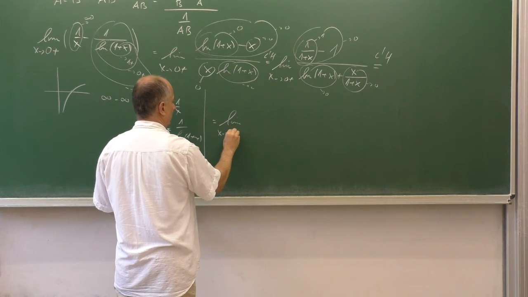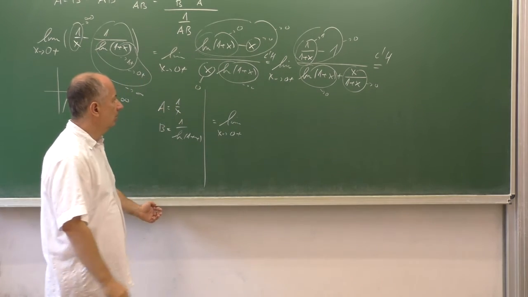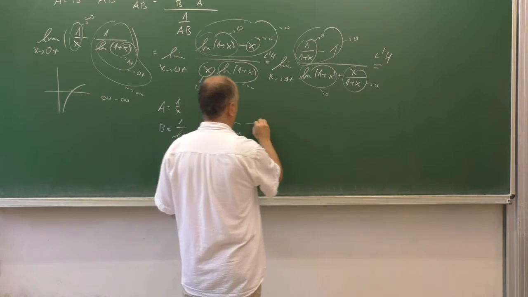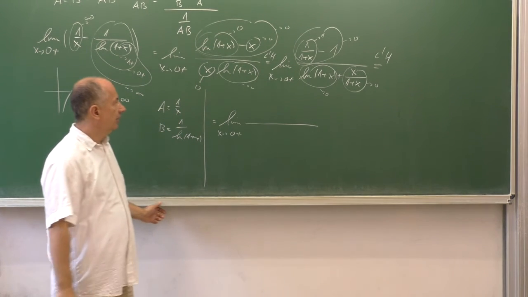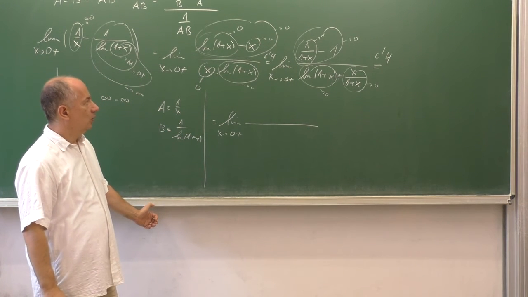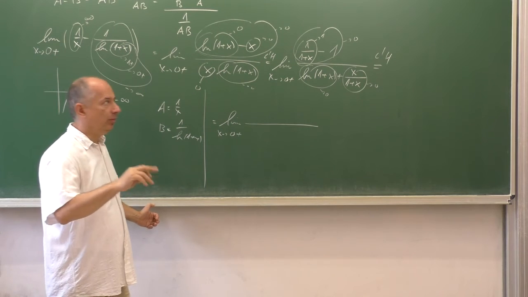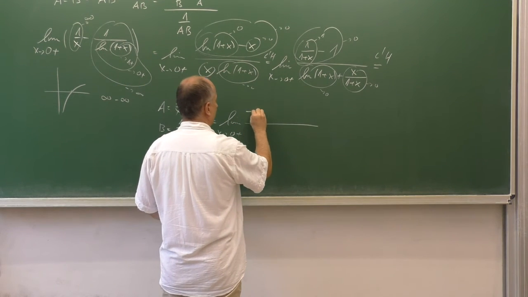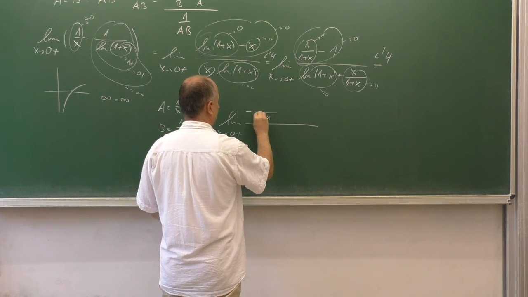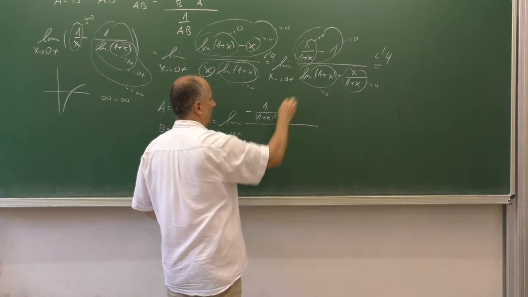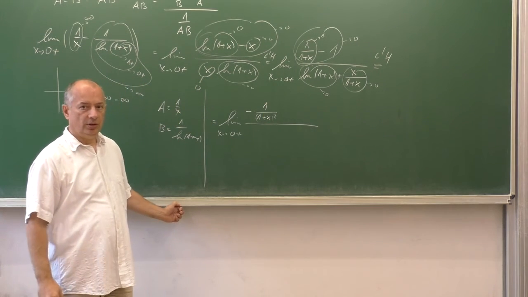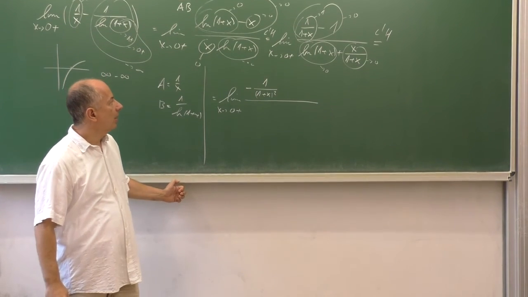And we have the limit for x going to 0 of a fraction. The derivative of 1 over 1 plus x is 1 plus x to the minus 1, so this is minus 1 plus x to the minus 2. And 1 is 0 when differentiated.